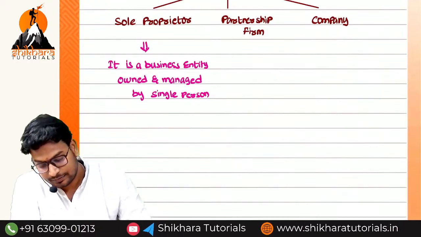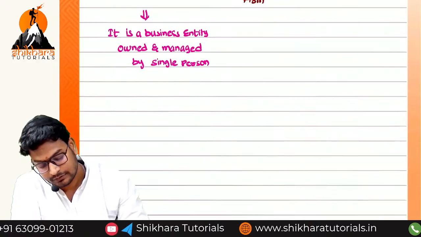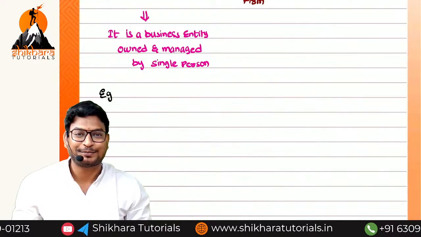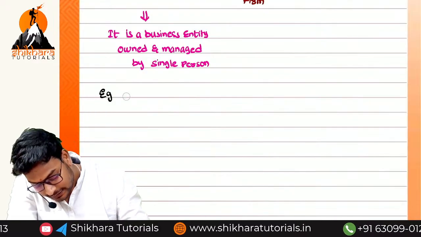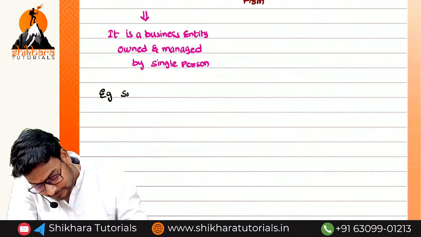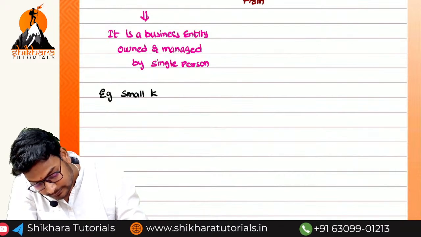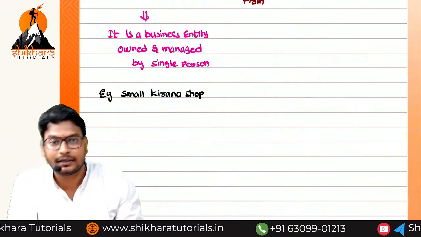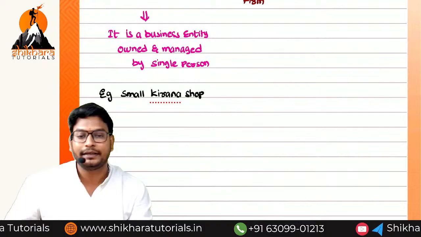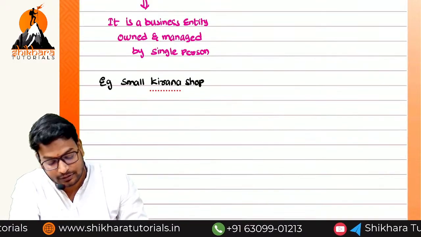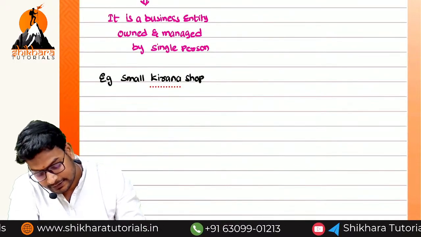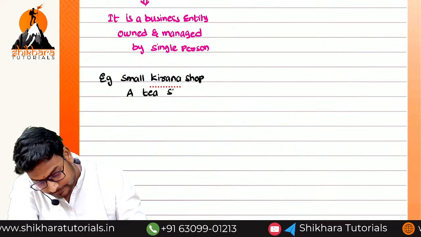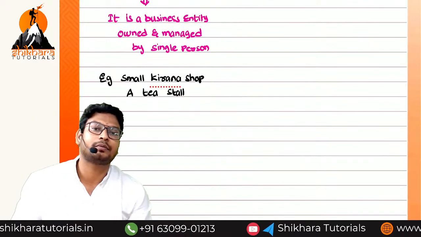Can you give examples? A small kirana shop. Kirana is nothing but a grocery shop. If you don't know, a small grocery shop is an example. And the next one, we can take a tea stall, is an example of a sole proprietorship.